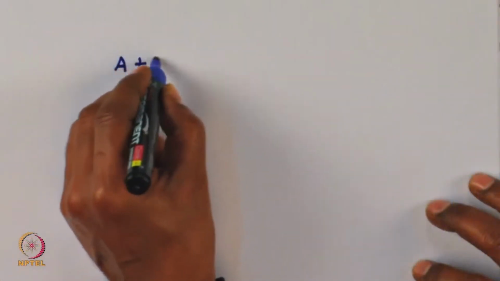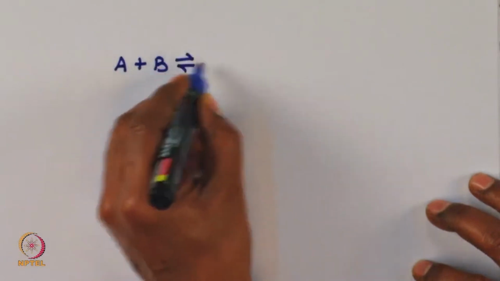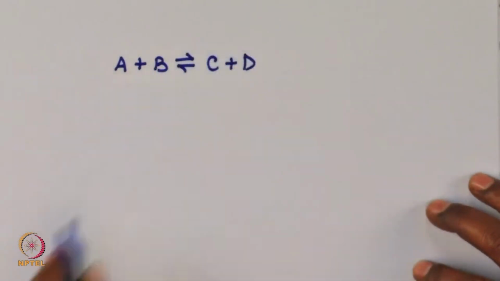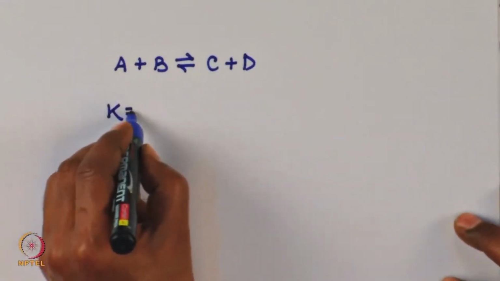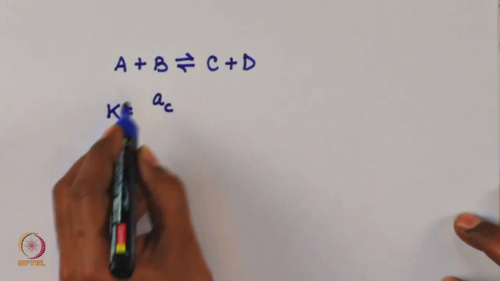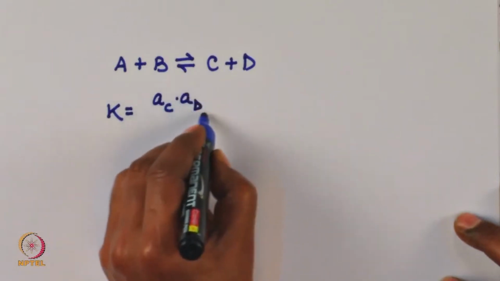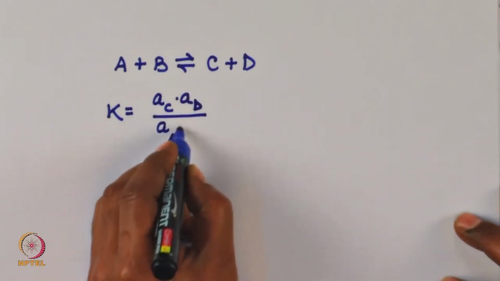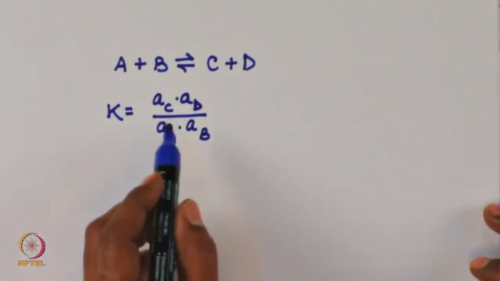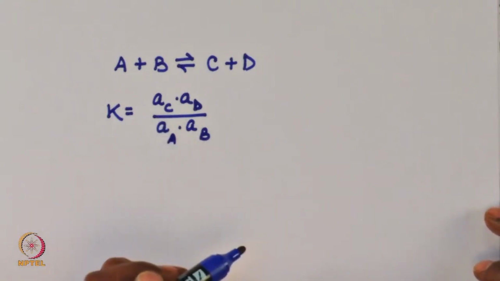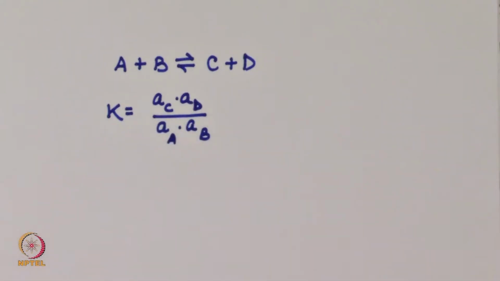Let us take an example of a reaction of the type A plus B in equilibrium with C plus D. The thermodynamic equilibrium constant has to be in terms of activities: activity of C into activity of D over activity of A into activity of B. Now, in the laboratory, we do not directly determine activities.